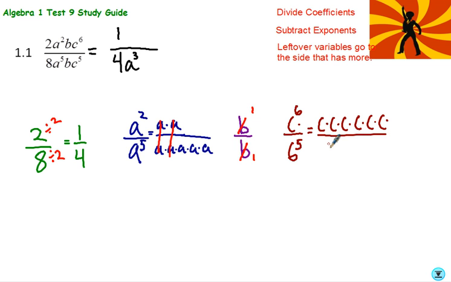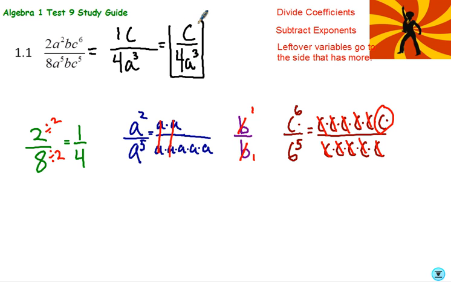And then 5 of them on the bottom, 1, 2, 3, 4, 5. And then we would cancel those out. And then we'd say, well, how many do we have left over? Well, we've got 1 left over, and it's on the top. So that c would be left over on the top. Now, 1 times c is just c, so I could just say c over 4a cubed. And that's what that fraction would be reduced to.